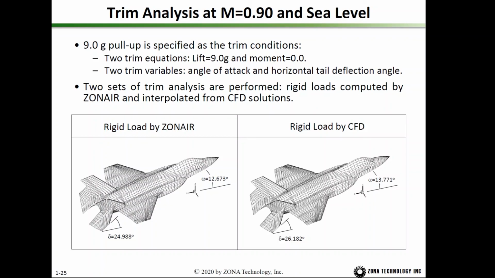Then ZONAIR computes the flexible trim solution, and then this is the rigid load computed by ZONAIR is replaced by the CFD. Then ZONAIR flexibilizes this rigid load to compute the trim solution, and then you can see the difference.